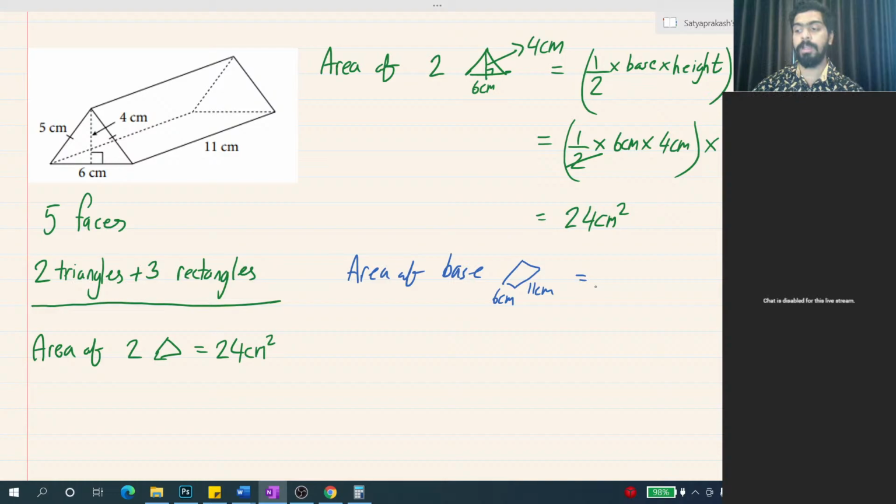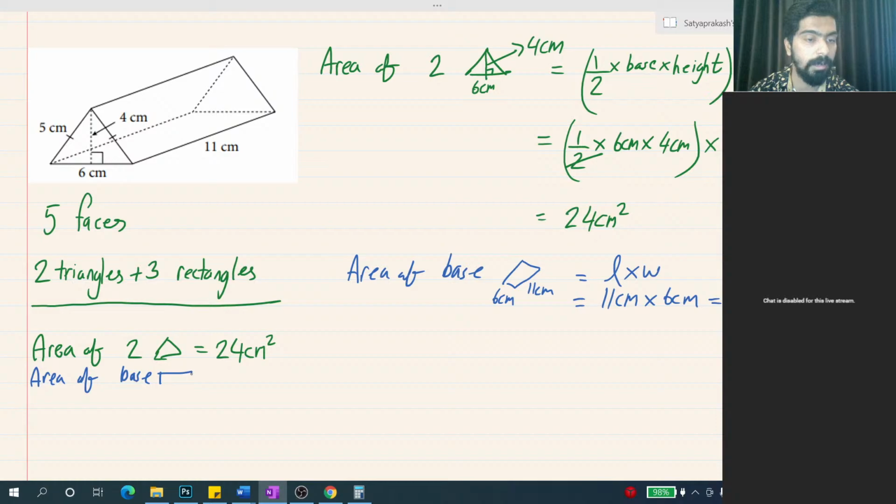Okay, guys. Now, in order to find the area of a rectangle, we take the length and multiply by its width, right? So we have 11 cm multiplied by 6 cm, which is 66 centimeter square. So let me write it down: area of base rectangle is equal to 66 centimeter square.